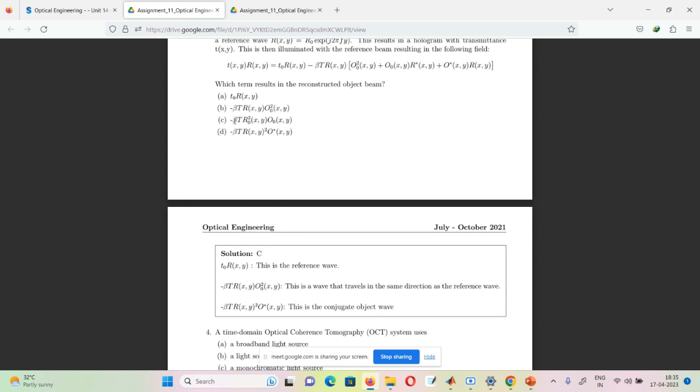There will be some intensity variation, because the whole light, including the phase, is modified with the reference intensity, the transmittance and other factors. But you are getting information about your object. So this contains the object.